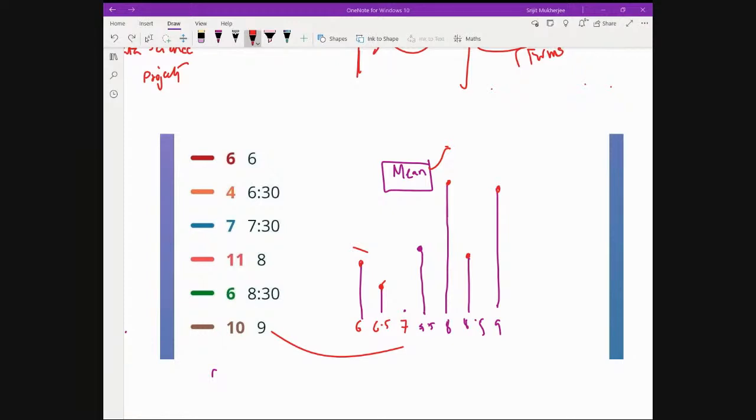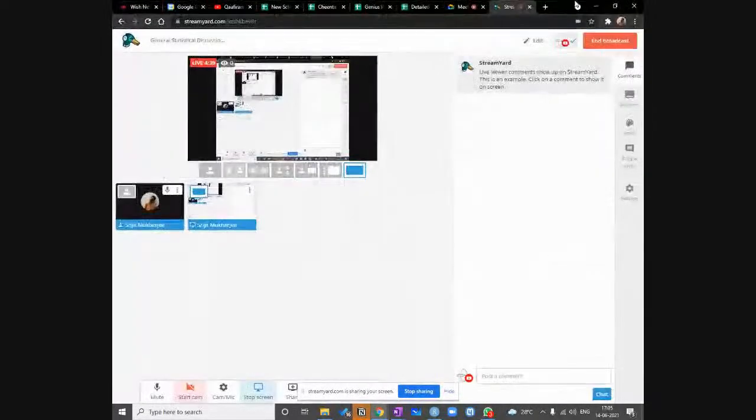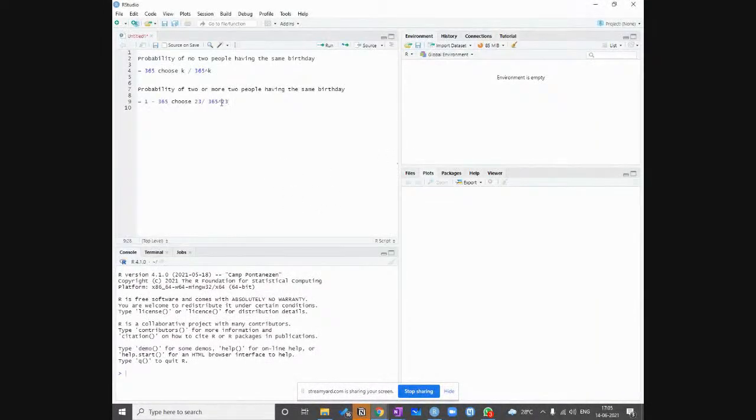If you have drawn the kernel density, just let me know. Okay, so this is R. So what was the data? Can someone repeat?